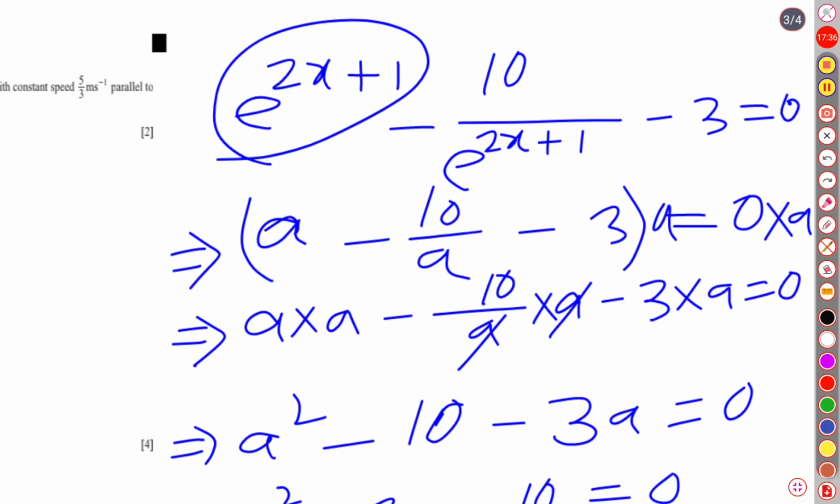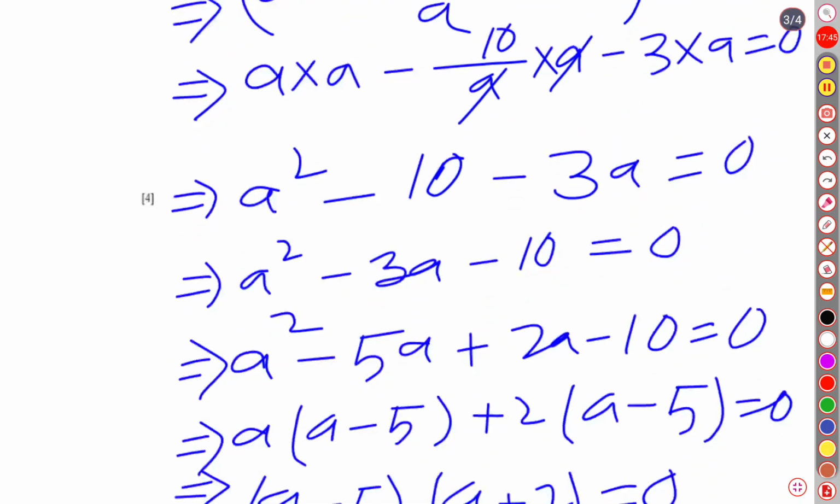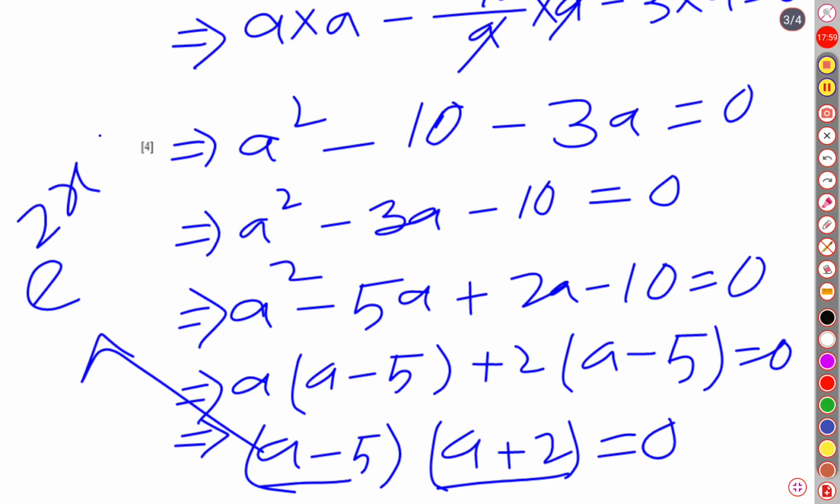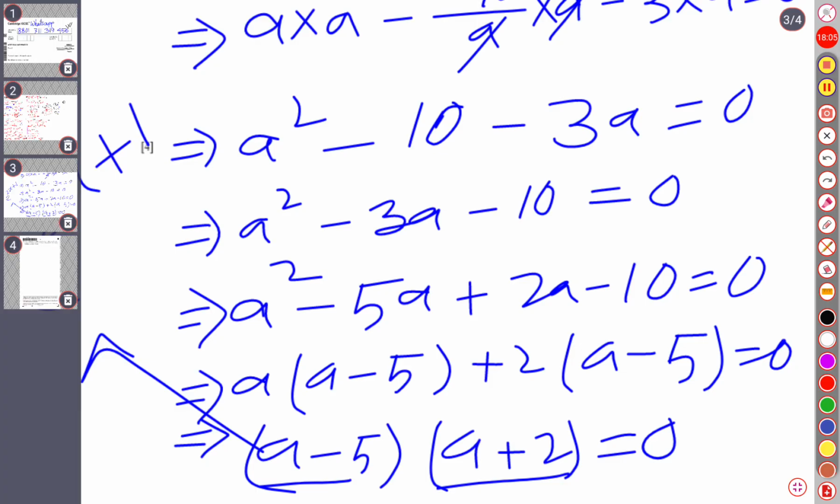So it is exactly the same, we just supposed e raised to 2x plus 1 as a. Then, as it is a quadratic function, factorizing it we got a minus 5 as one factor and a plus 2 as another, and our a is e raised to 2x plus 1. The same function has been factorized in our solution.